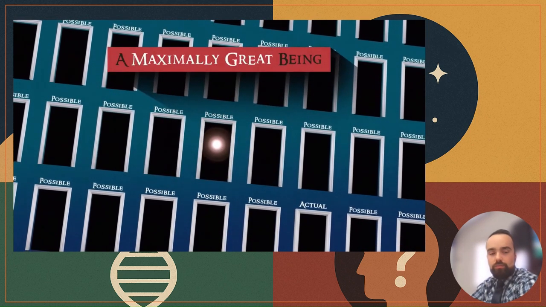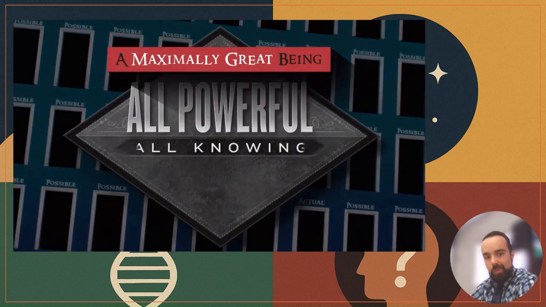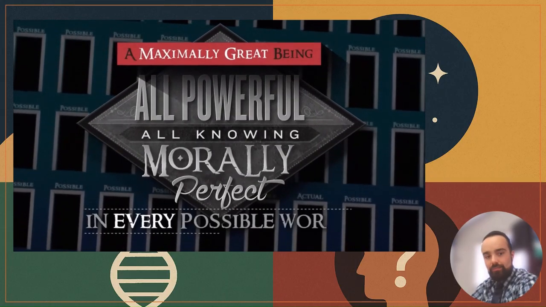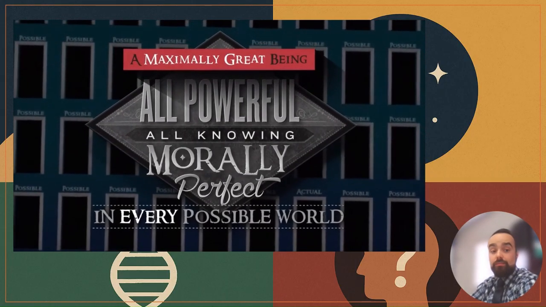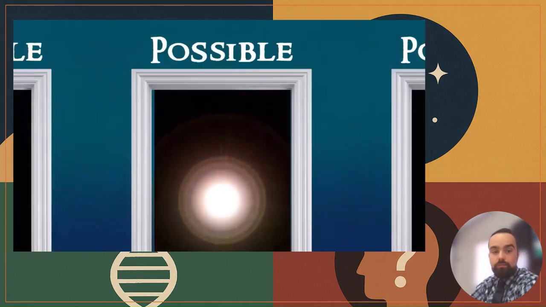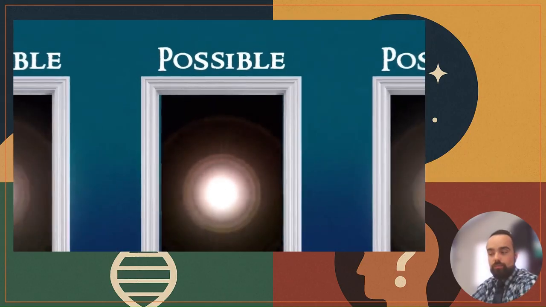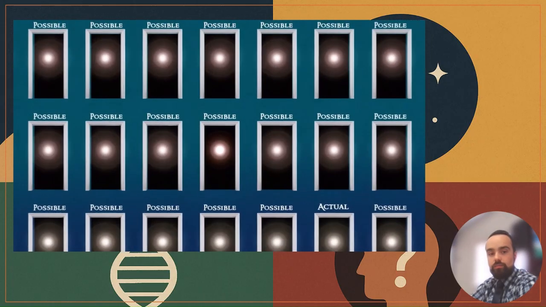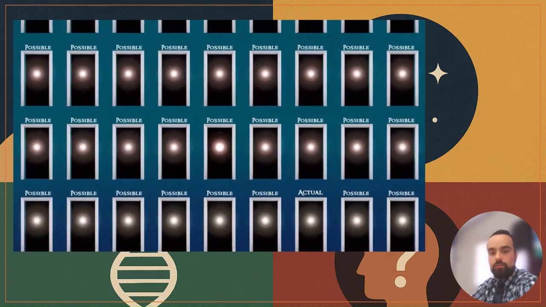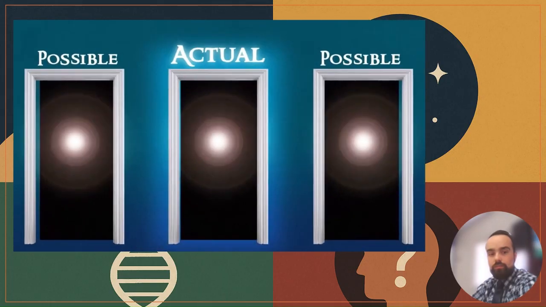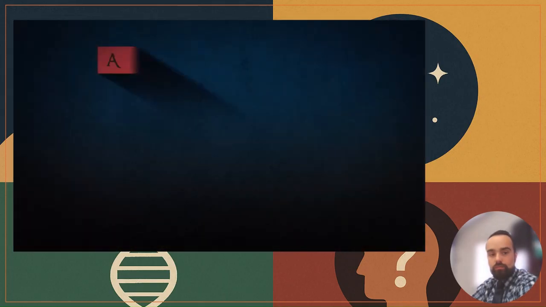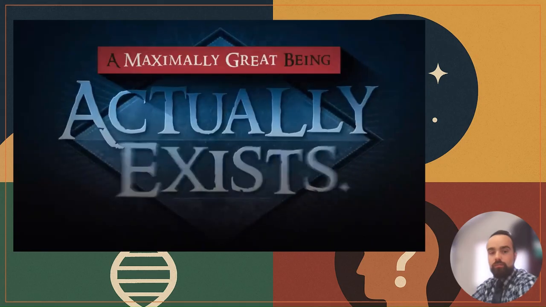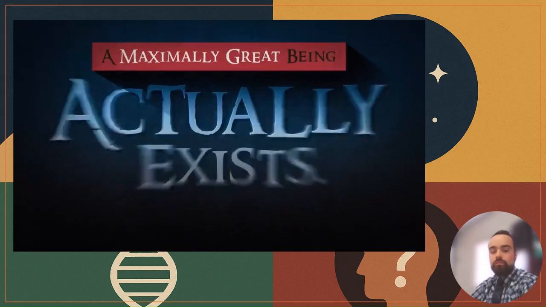To be maximally great, it has to be all-powerful, all-knowing, and morally perfect in every possible world. So think about it. If a maximally great being exists in any possible world, then it exists in every possible world. And if it exists in every possible world, then it exists in the actual world. That is, a maximally great being actually exists.